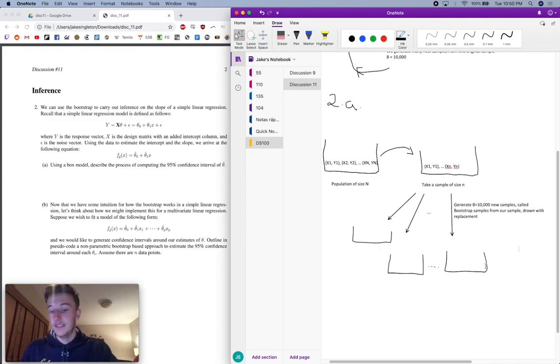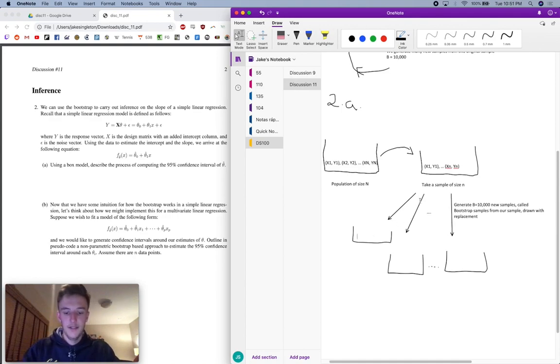Each point will have roughly equal representation overall. So make sure we remember that these samples should be drawn with replacement. That's a key element of the bootstrap.